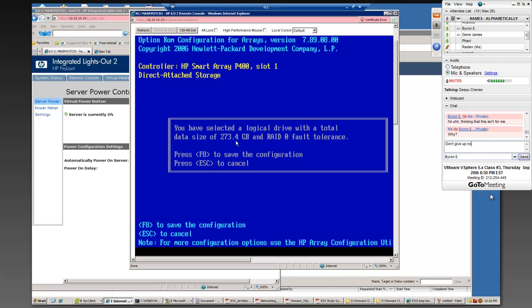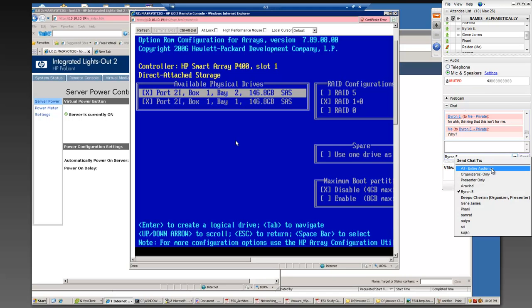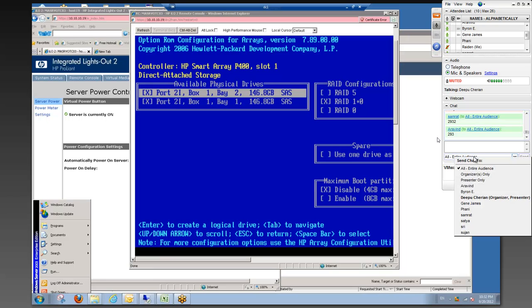May I ask you another question here? 2 146 GB drives, right? Look here, that is 146.8 GB. That is the size of a drive. What is the sum of that? 146 into 2 is how much? 293, correct?